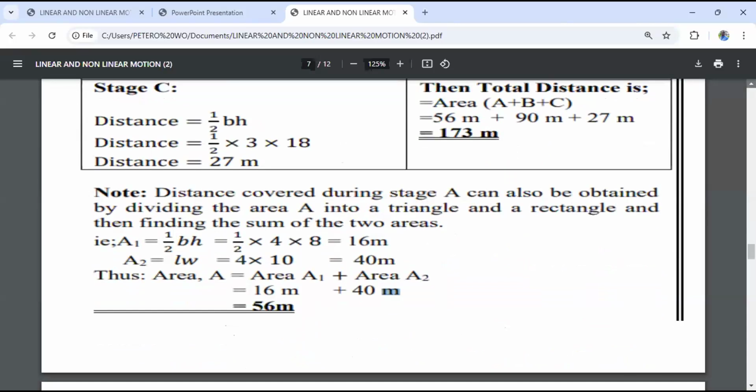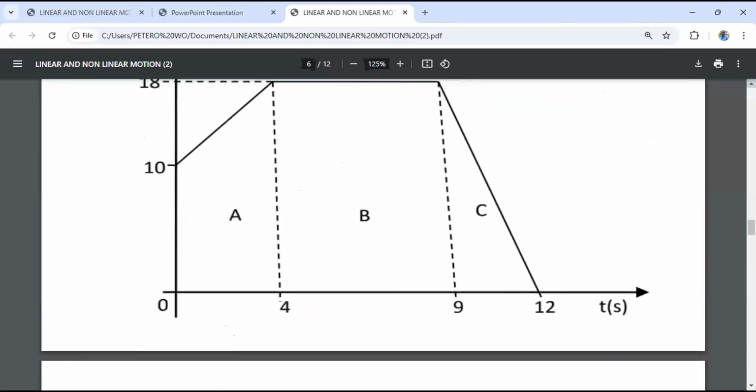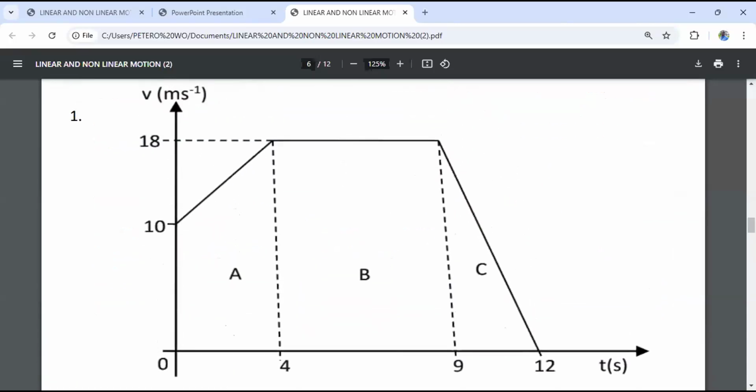So they are telling us that if you don't know the area of a trapezium, then you can come here and you divide this shape into 2, such that you find area of this, which is a triangle.